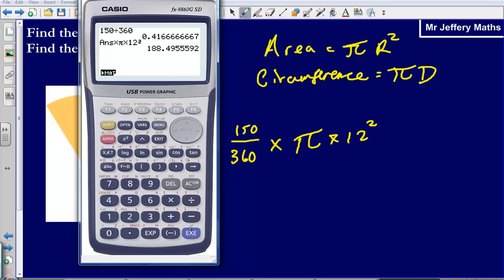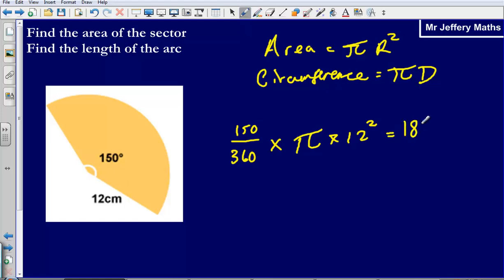So that's going to give me 188.5 centimetres squared to 1 decimal place. So 188.5 centimetres squared.